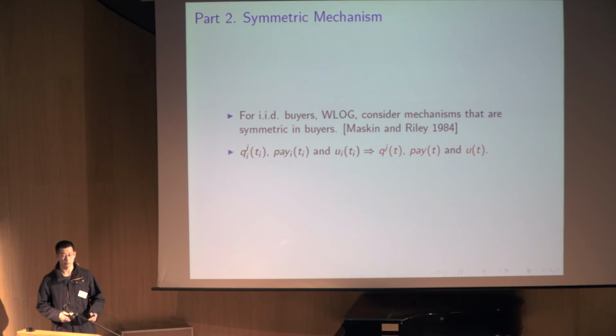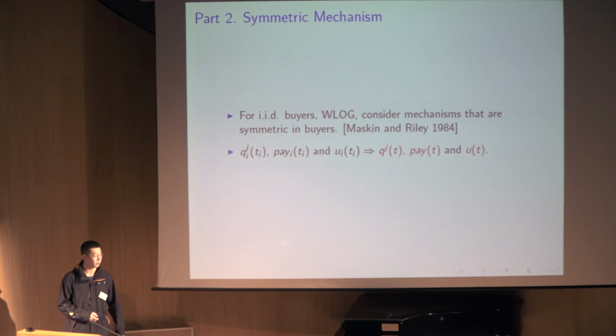Since the buyers are IID, without loss of generality we only need to consider symmetric mechanisms, and in these notations q_ij, p_i, and u_i, we can get rid of the subscript i.